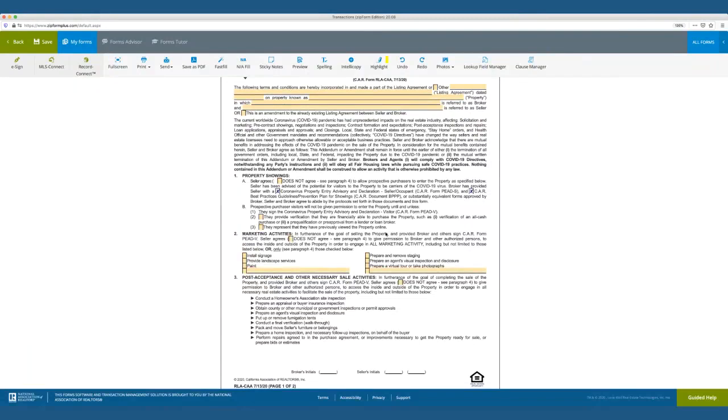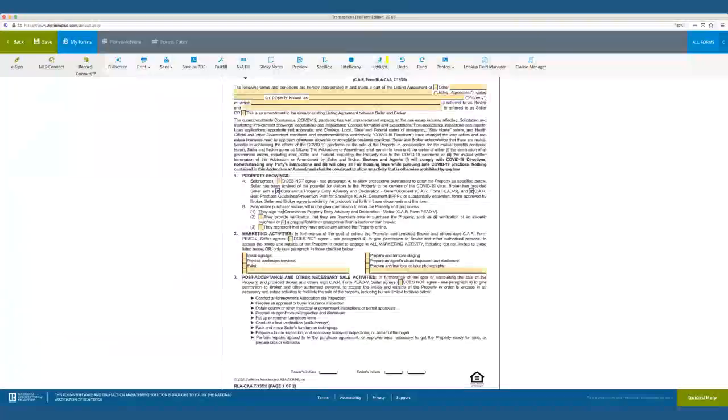So if they do, then you don't have to check anything. If they don't want people coming to the property, then it refers you to a paragraph later, which we'll go over when we get there. So we're all going to assume they want to list their house. They want to show it.